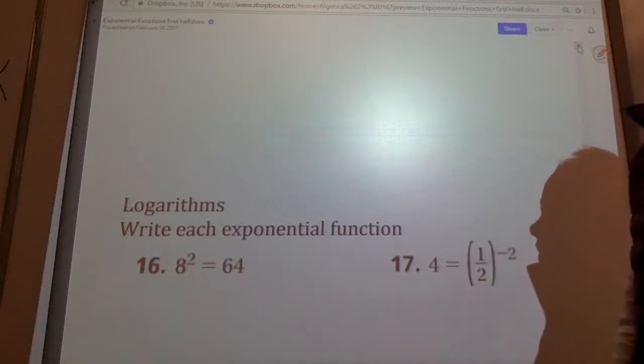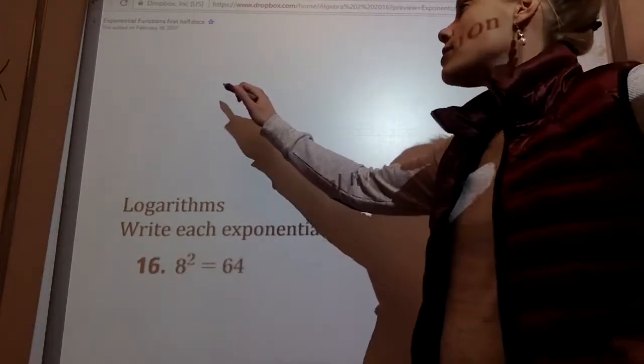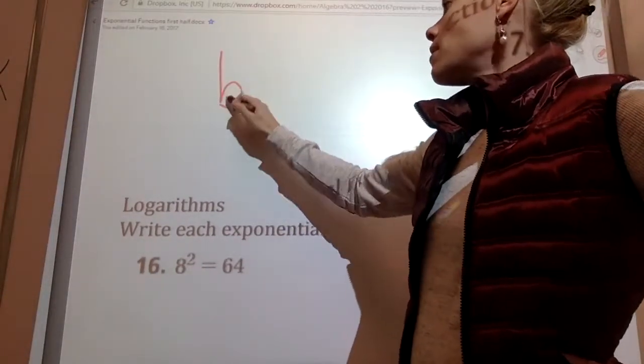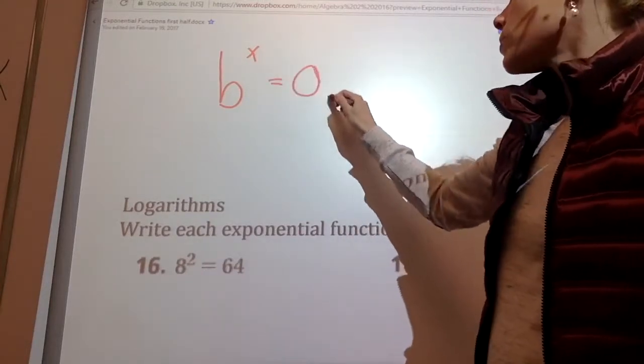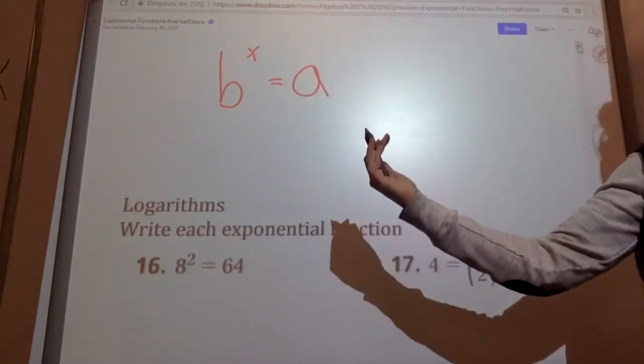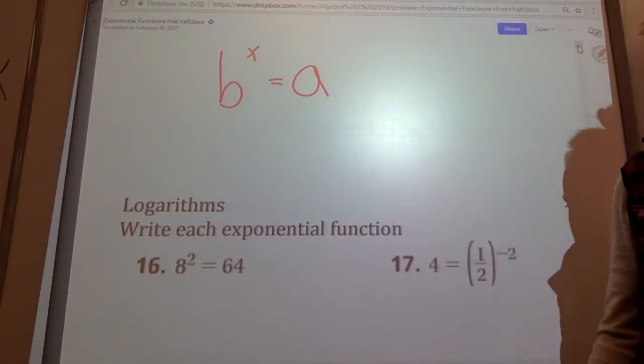So we're going to talk about logs today, and the reason we talk about logs is because we have studied exponential functions, a number to an x power that equals another number, right? We've studied those, 2 to the x, 3 to the x, and so on, and graphed them, looked at transformations.